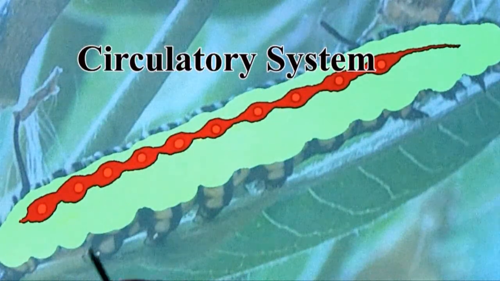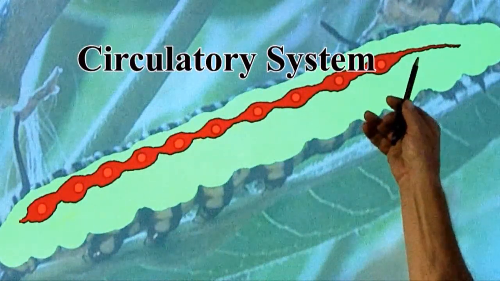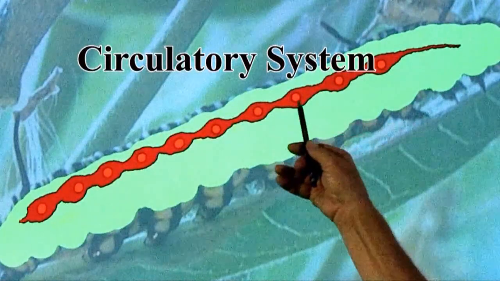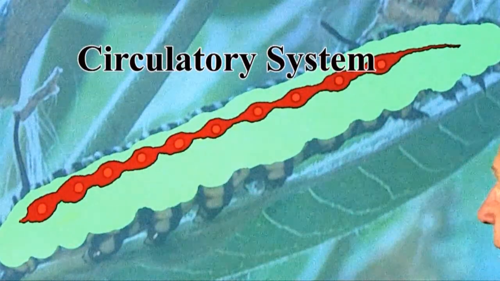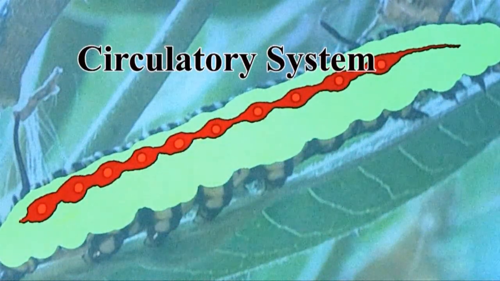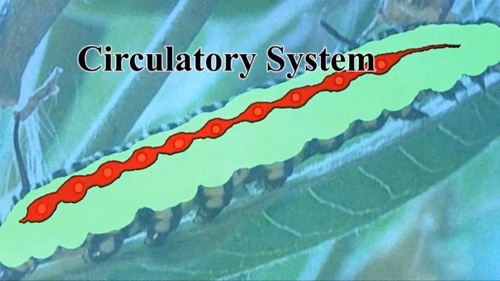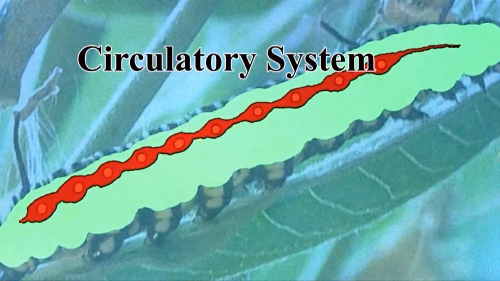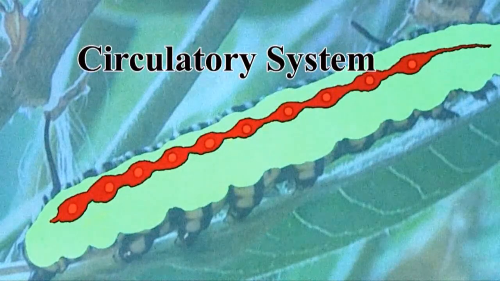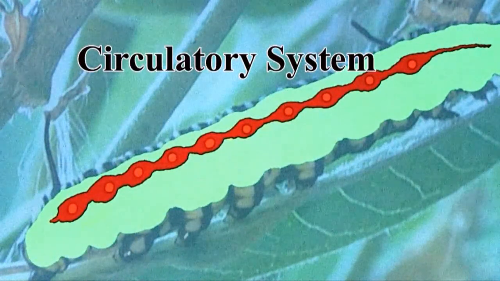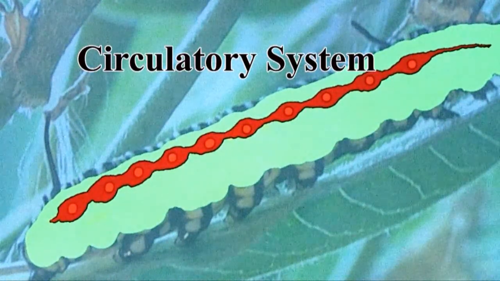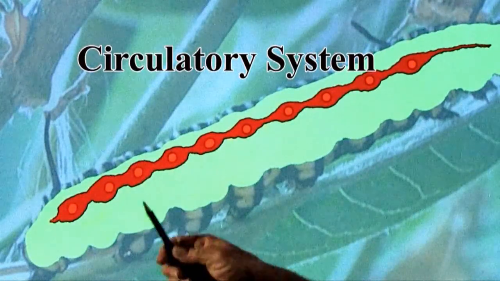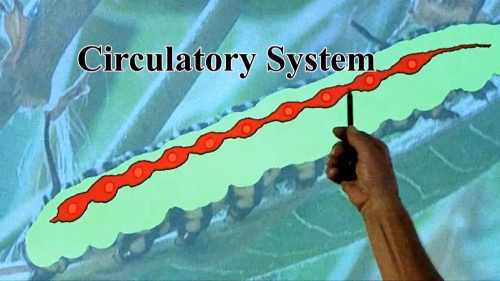They have a heart, and this is the heart in this larval form of a butterfly, and it pumps, but since it's an open system, it doesn't have little vessels. It's pumped at a low pressure. The blood just oozes in and out of openings in this circulatory tube.